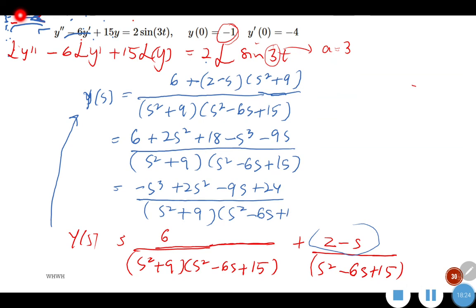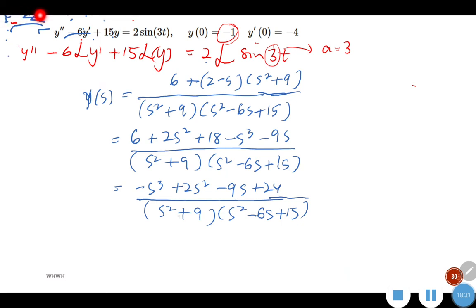Okay, look, the factor down here, s square plus 9, can we factor it further? We cannot, right? We are unable to factor this. s square minus 6s plus 15, if you try to factor also you are unable to factor. How to know whether you are able to factor or not? You check b square minus 4ac. If b square minus 4ac is less than 0, it means you cannot factor.